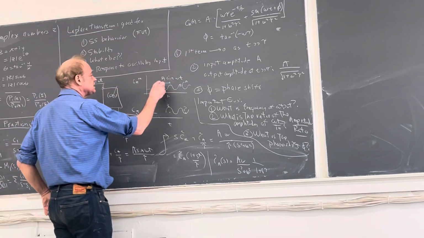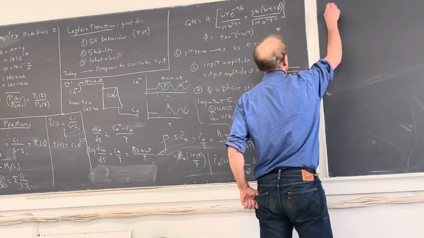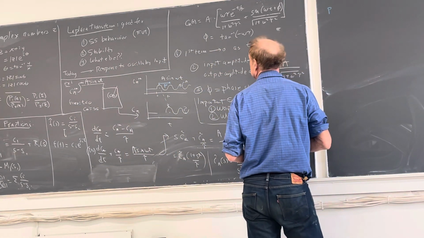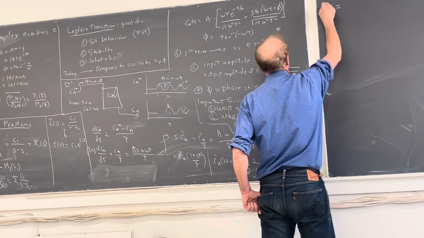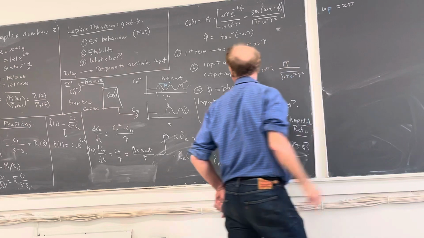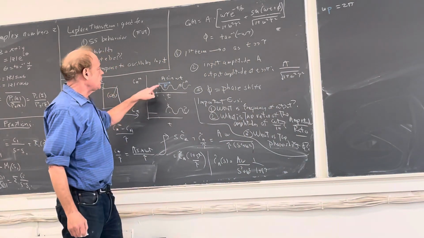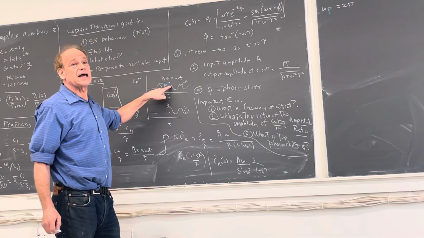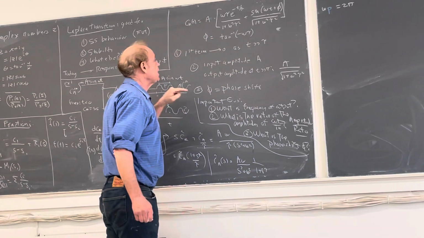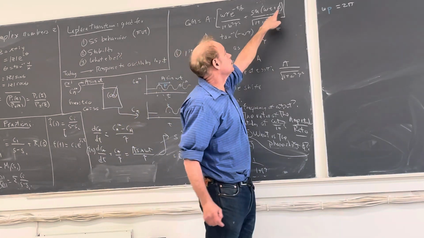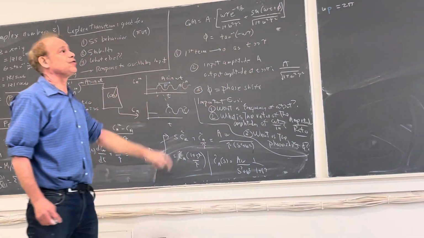So if I call this distance p, then omega p is equal to 2 pi. Because remember, this is t, time. And so if I've gone p seconds, then omega p had better equal 2 pi, if I went a full period.